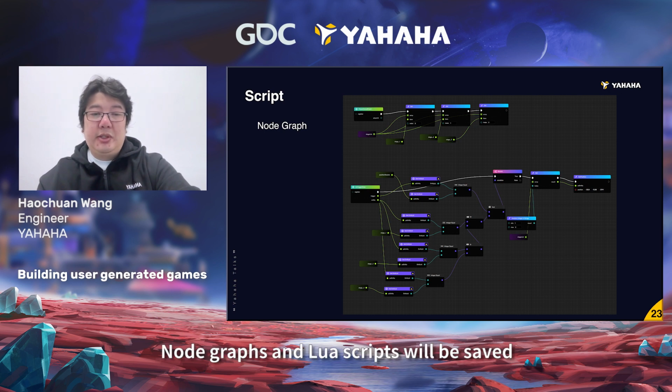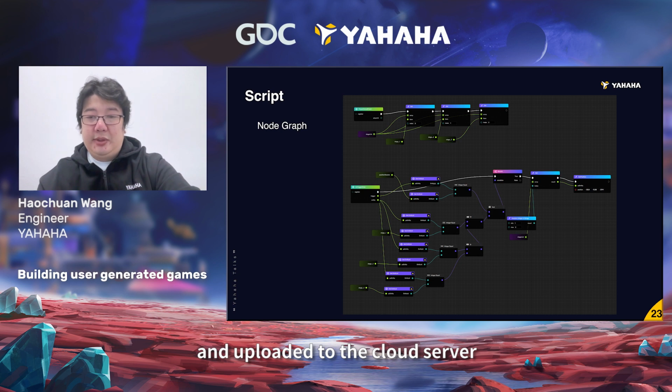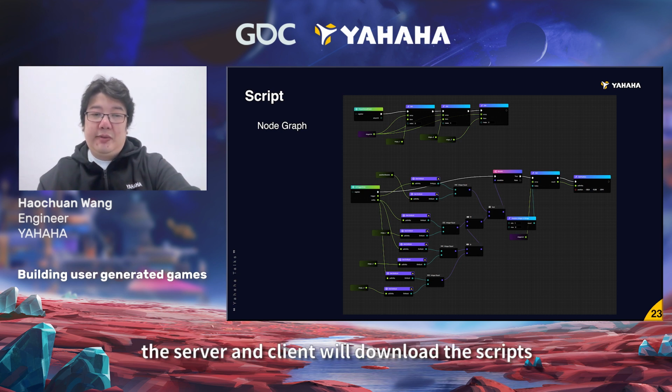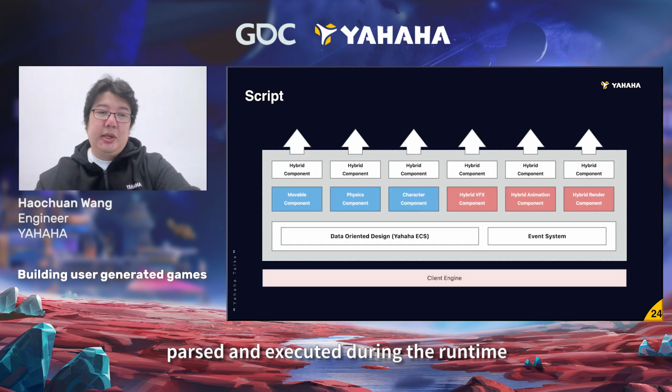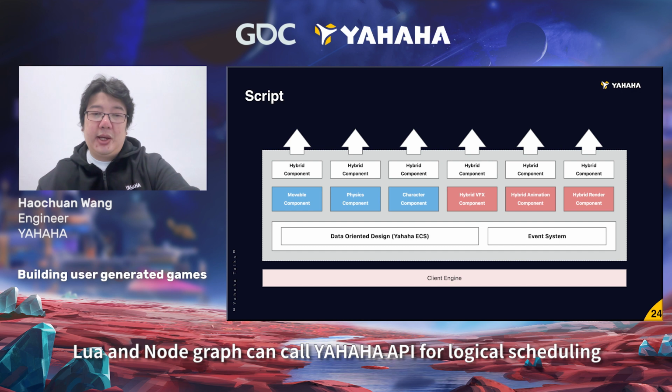Node graph and Lua scripts will be saved and uploaded to the cloud server. During runtime, the server and the client will download the scripts that are currently in use, which are dynamically loaded, parsed, and executed during runtime. Lua and the Node Graph can call the Yahaha API for logical scheduling.